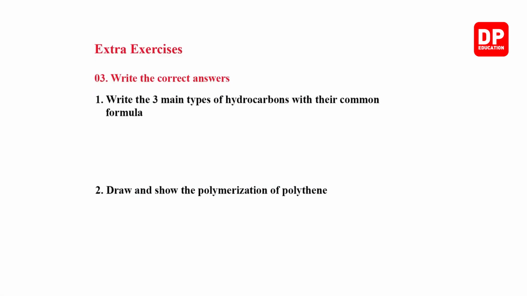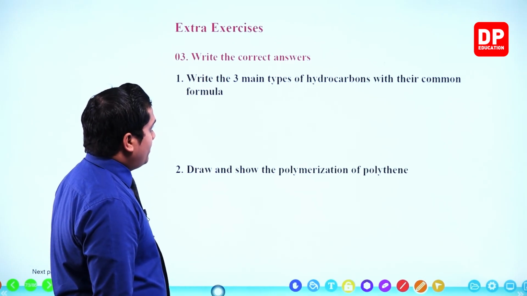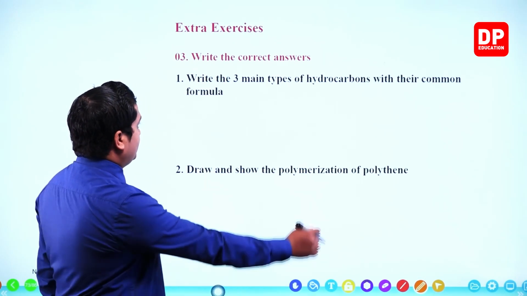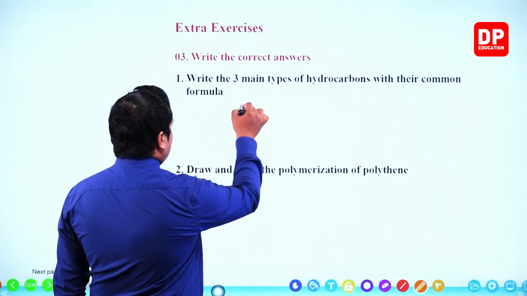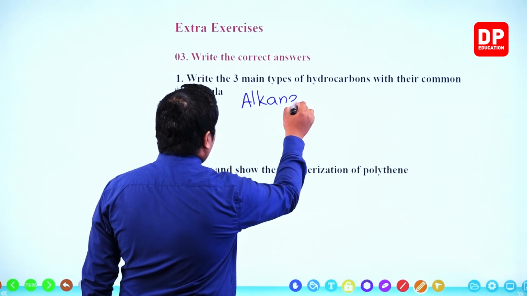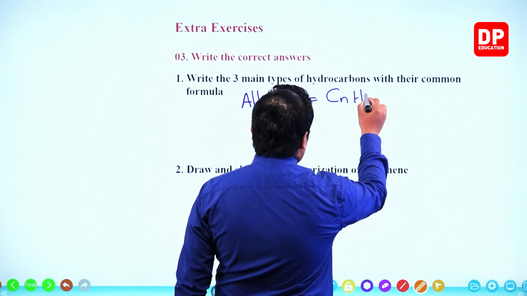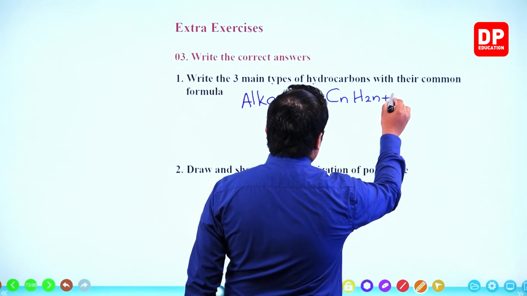In this one, you have to write down the correct answer. Write the three main types of hydrocarbons with the common formula. Three main types: alkane, common formula CnH2n plus 2.